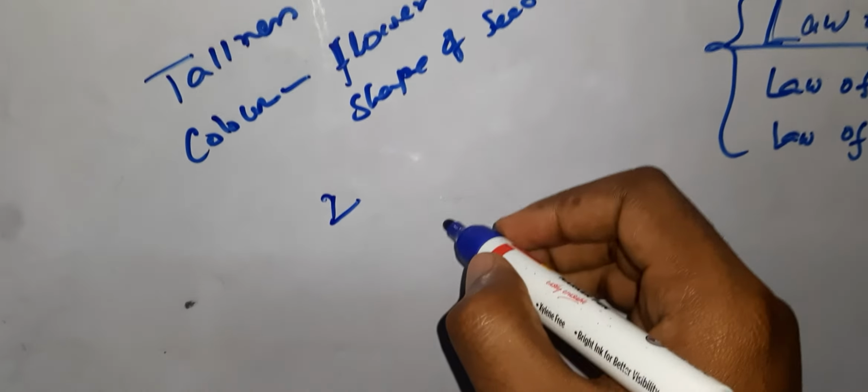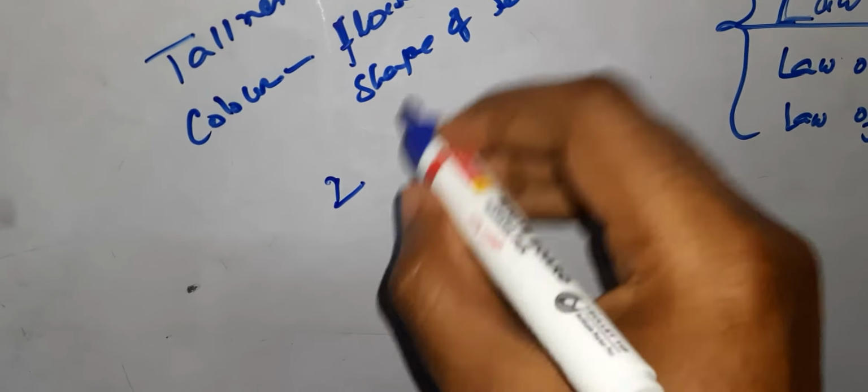So, one allele among the two is dominant over other.